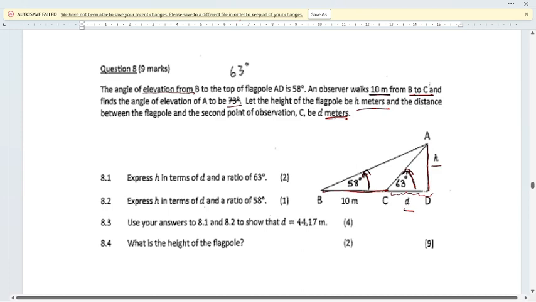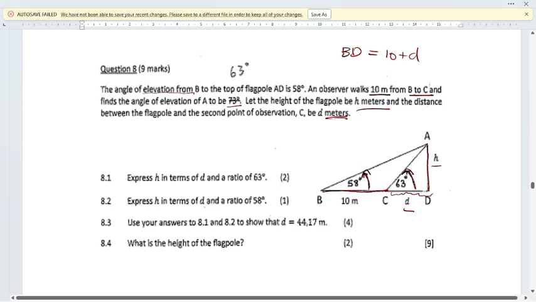What is the distance BD? BD is 10 plus D. You're with me? Now, what is happening here?